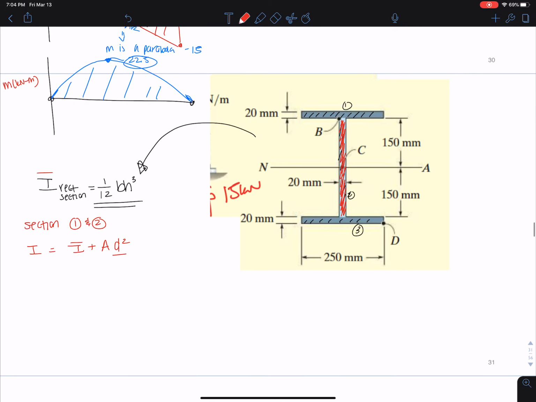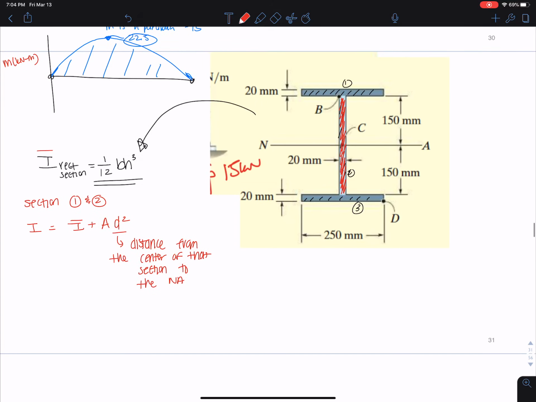And what is d? d is the distance from the center of that section to the NA. So let's write all this out, and I think it'll be a little bit easier to understand where we're coming from with all these numbers. And I'll show you another really easy way to do it, and you can pick which one you like better. I kind of just switch between both of them.